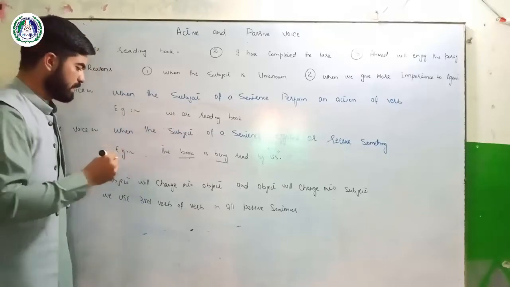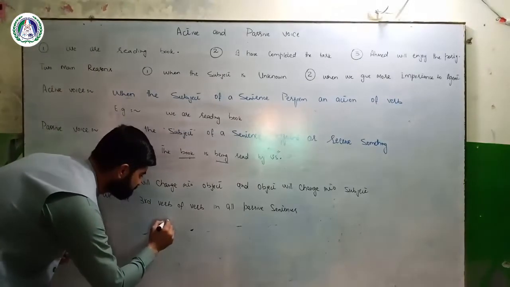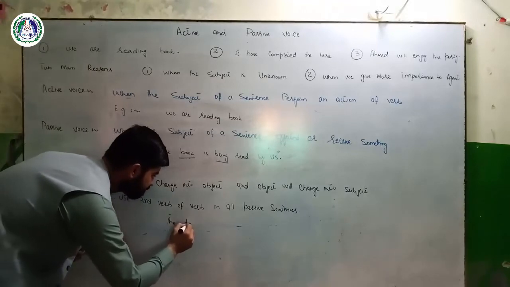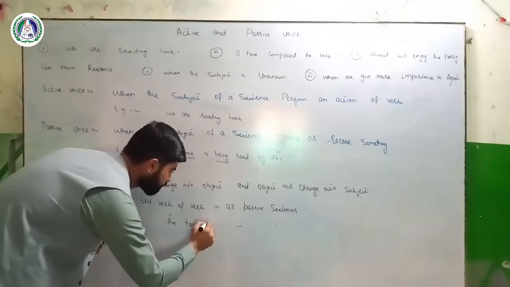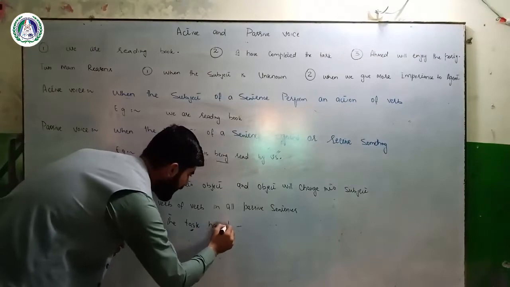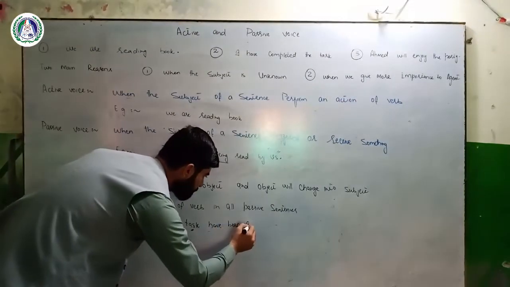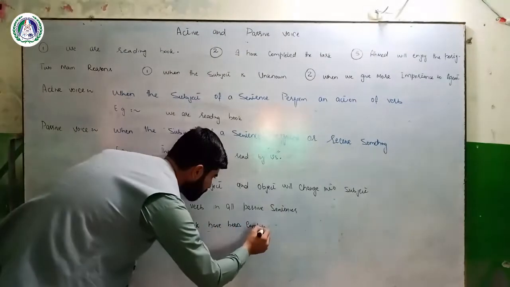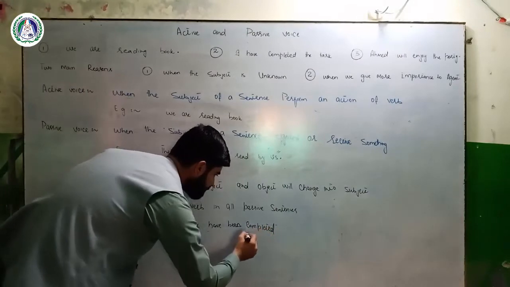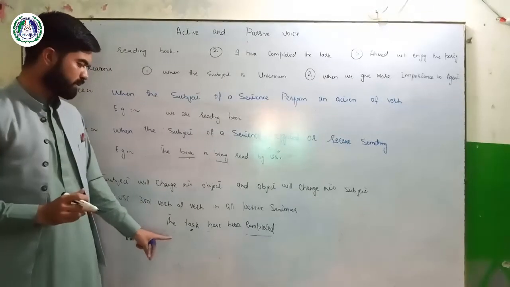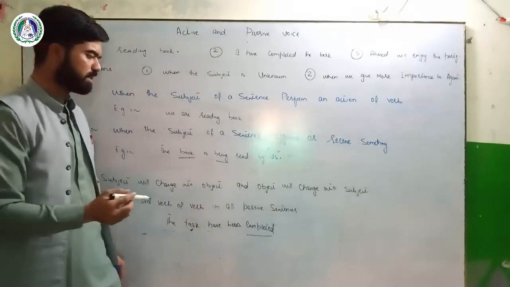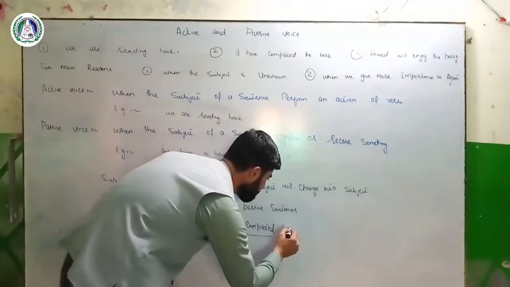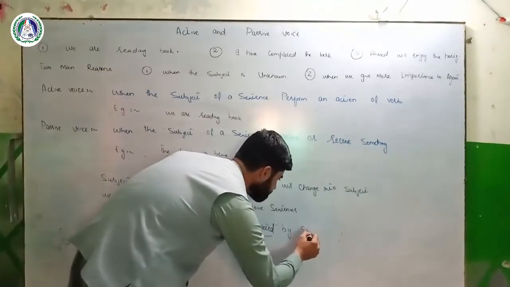For example, I have one sentence that the task have been completed. Here I use the third form of the verb. The task have been completed by student. This is the second rule of passive voice.